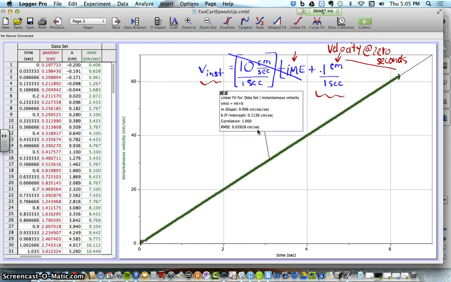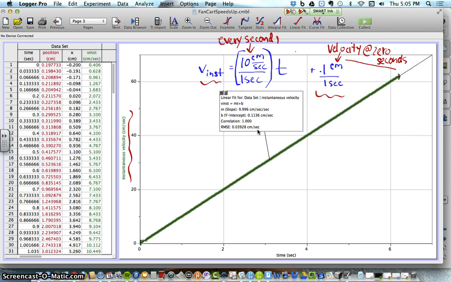And then if I go back over here, let me fix this again, okay? This said 10 centimeters per second divided by 1 second times time. So fundamentally, this is telling me that every second my velocity must be changing by a certain amount.